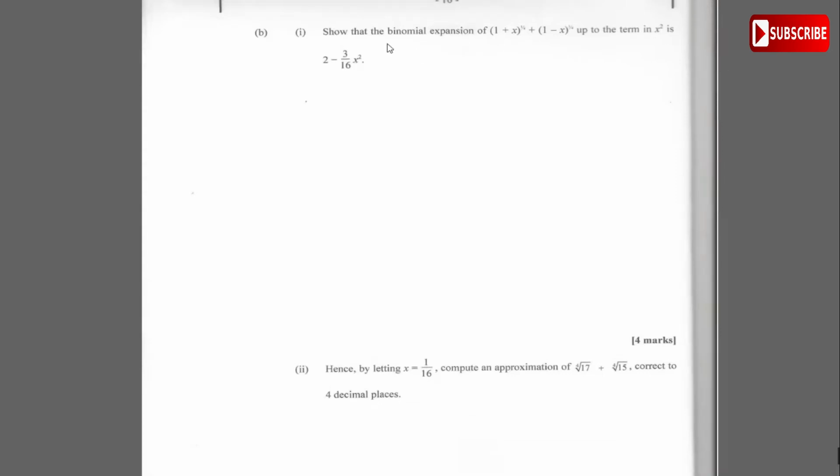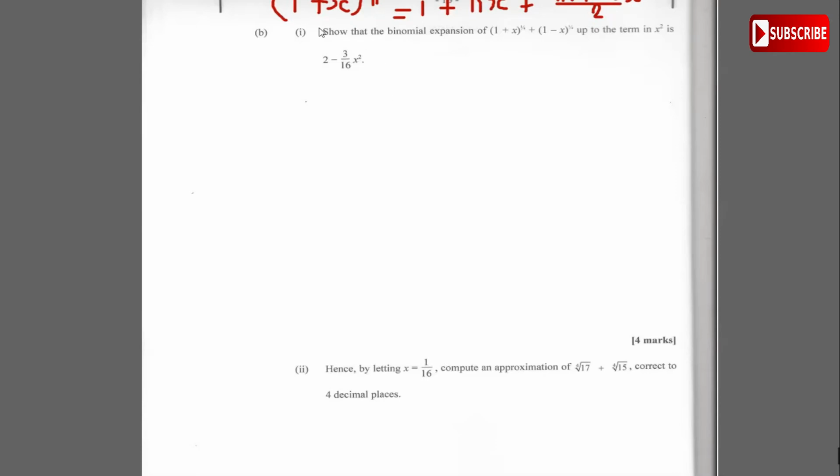Now, the binomial expansion, just for those who don't remember, goes: (1 plus x) to the n is equal to 1 plus nx plus n times (n minus 1) times x squared over 2 factorial.